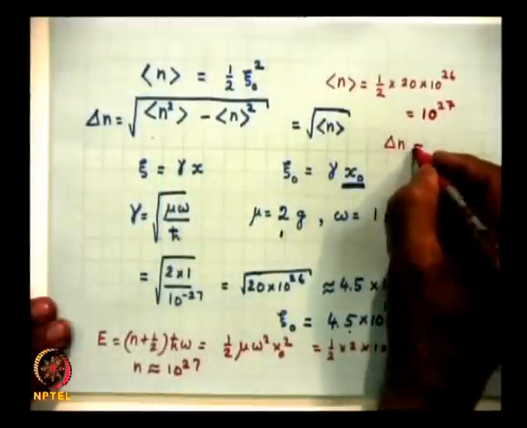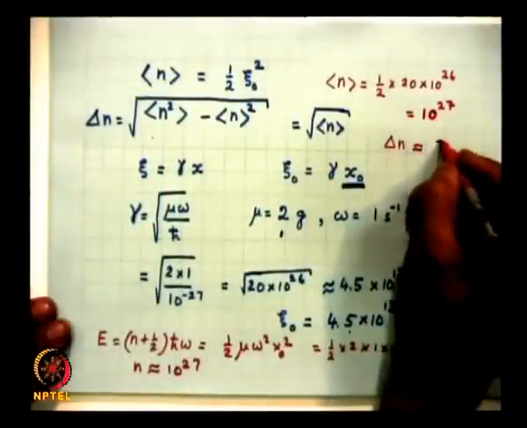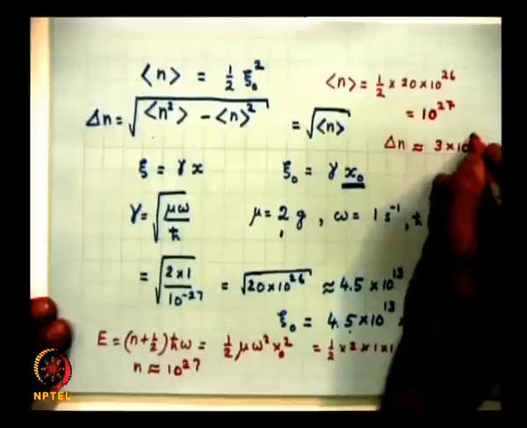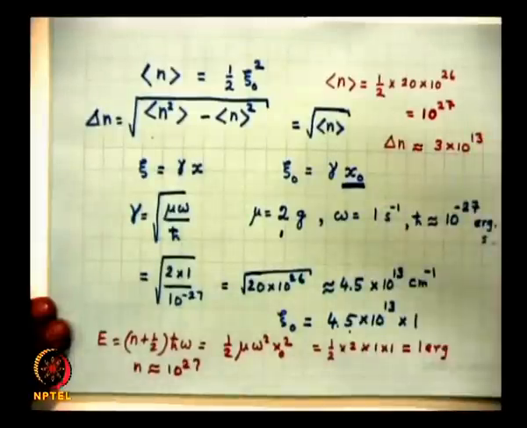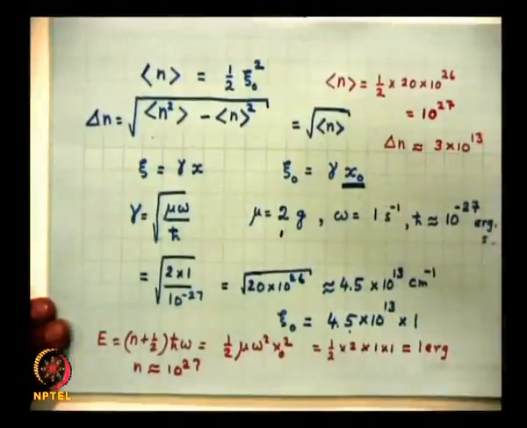So, the square root of that will be 3 into 10 to the power of 13. So, this is 30,000 billion states, or 30 trillion states.